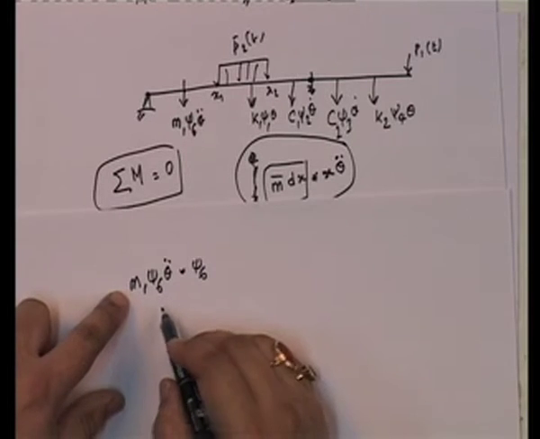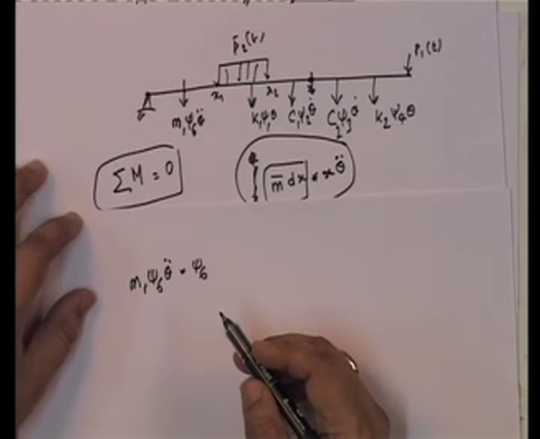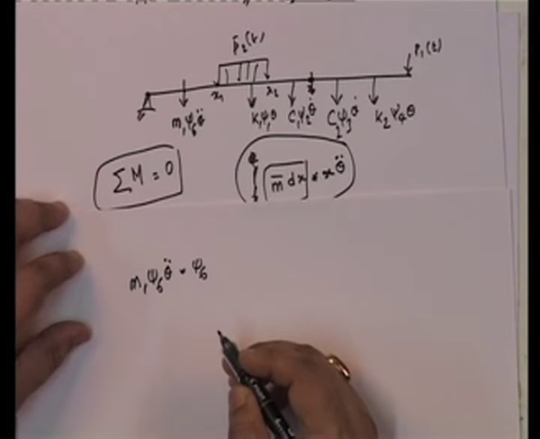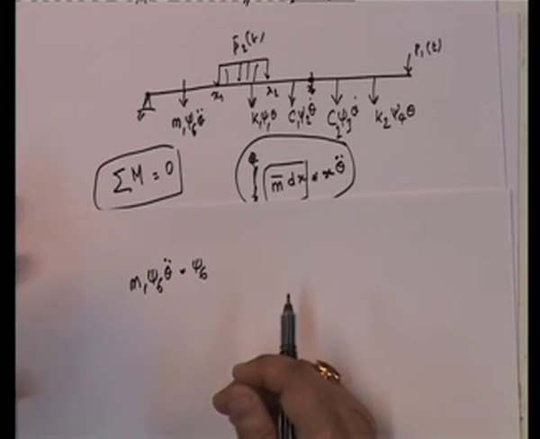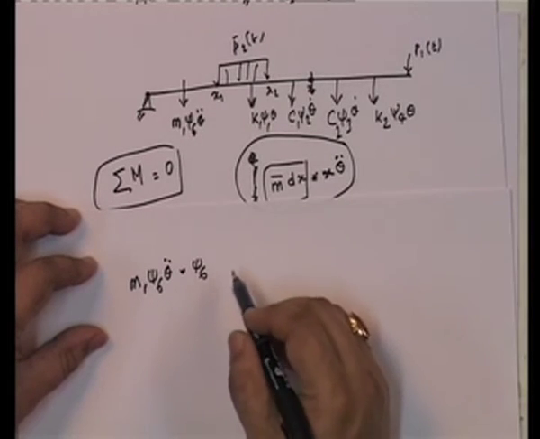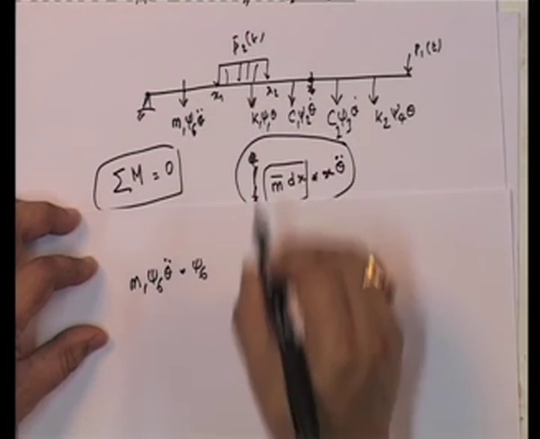Since all of them are clockwise moments, I am going to take clockwise as positive in this particular case. If you take anti-clockwise as negative, all that will happen is that you will get them all as negative, that does not matter. Then I have this load.